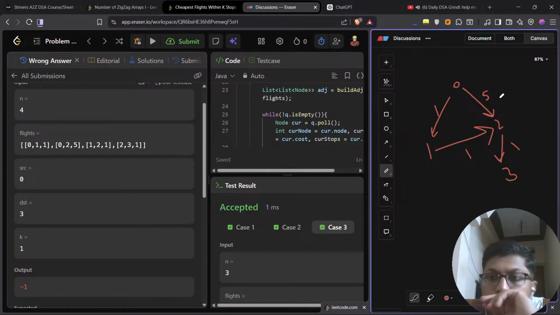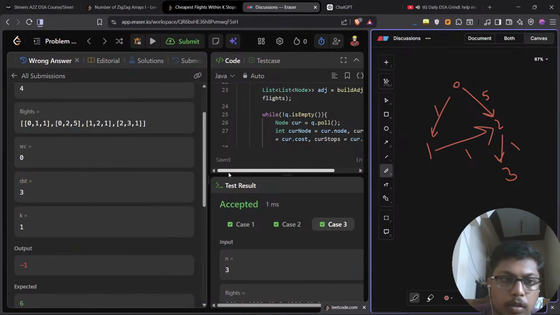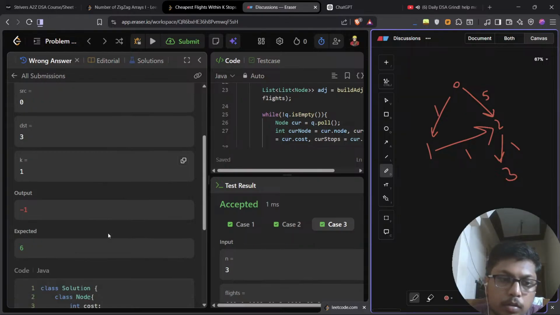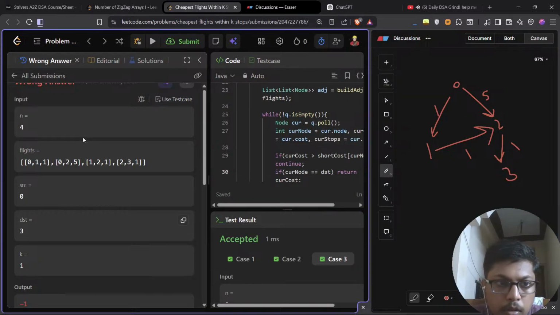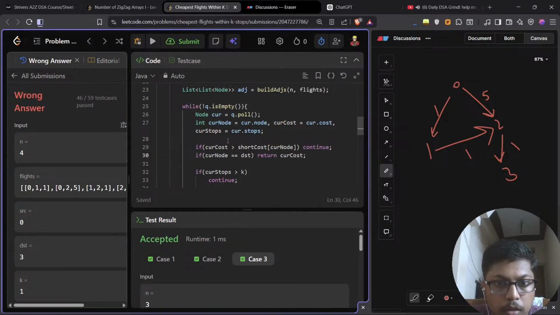Okay. So if I talk about it, there is only one stoppage, so this one should be recommended. The answer would be 6. What I think is going with minus 1, right? So it's not a good error, but I could show you the real answer.